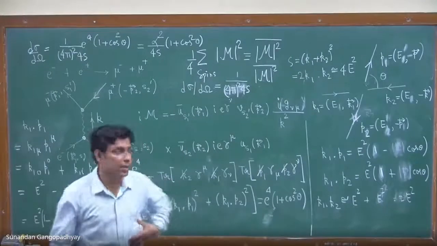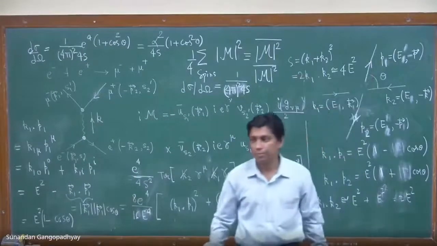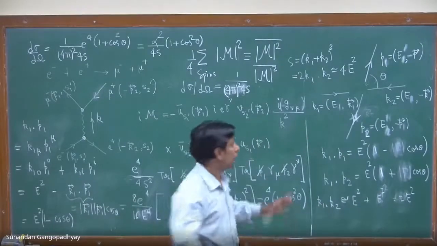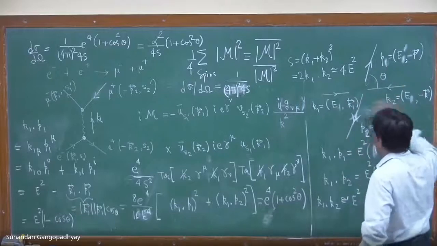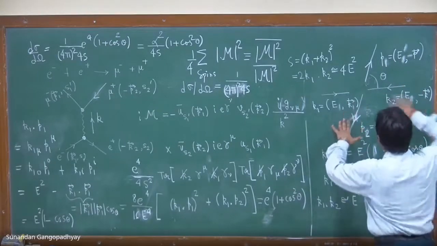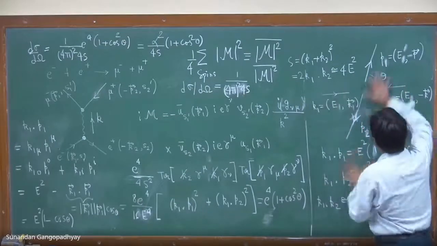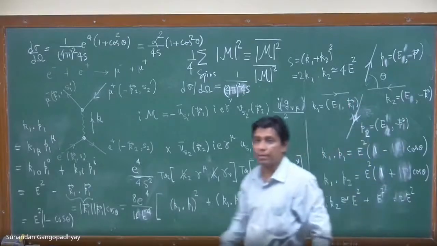Theta is the angle of scattering between the incoming electron and the outgoing electron. And the point is we are now looking in the center of mass frame. In the center of mass frame, the energy of all the particles is the same. This has a momentum k, therefore this has a momentum minus k. These are the incoming particles and these are the outgoing particles. This has a momentum p, therefore this must have a momentum minus p.